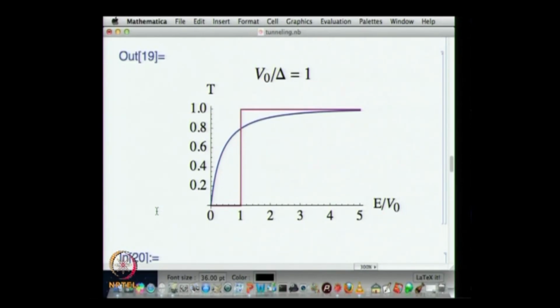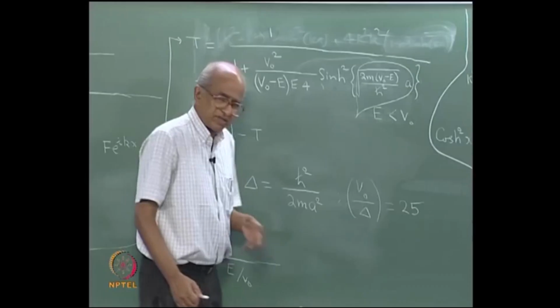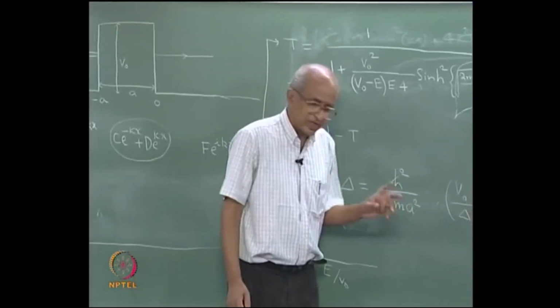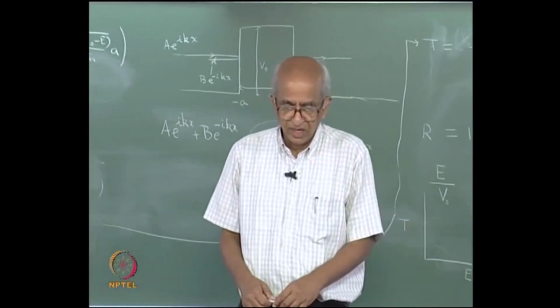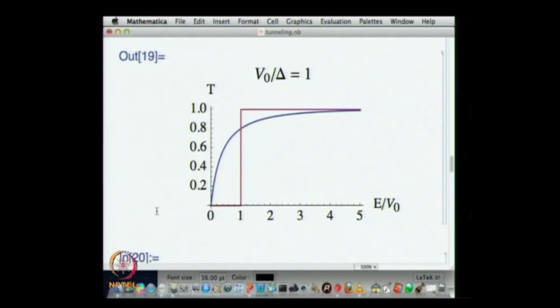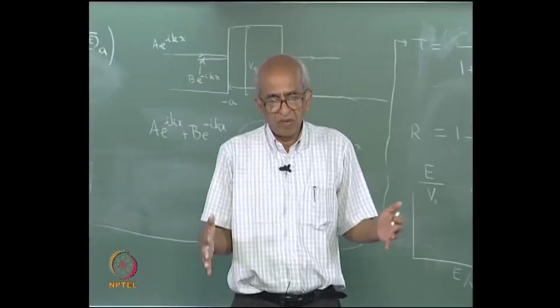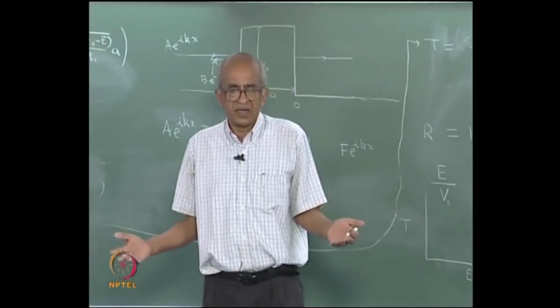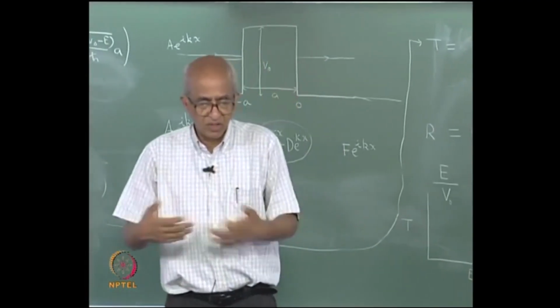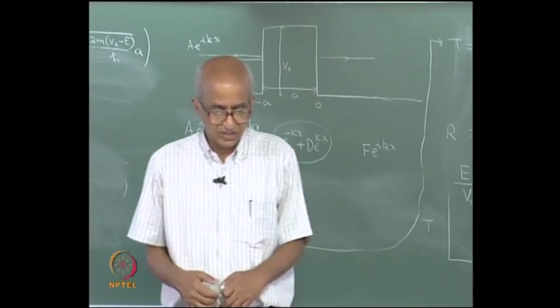This actually means that either the mass of the particle is very small, or maybe the width of the barrier is very small, and in such a situation what happens? You can see the plot. If you plotted T against E by V0, you get this curve which shows that there is considerable probability that the particle will tunnel through, which is not surprising because it is a light particle. So, it would go through the barrier as a wave and go to the other side.